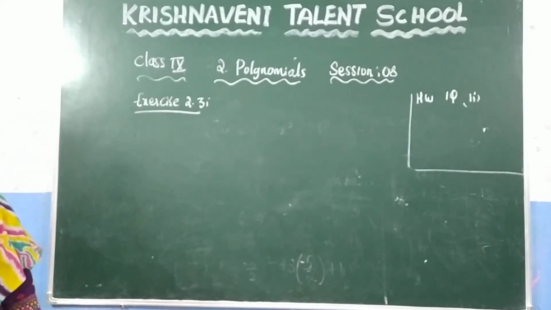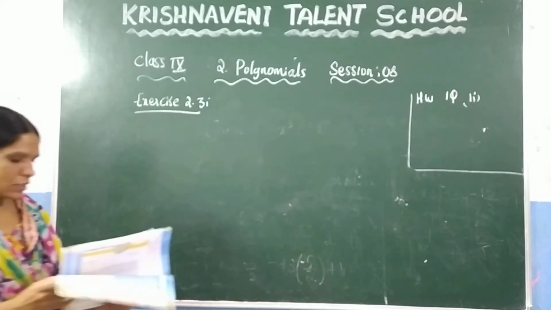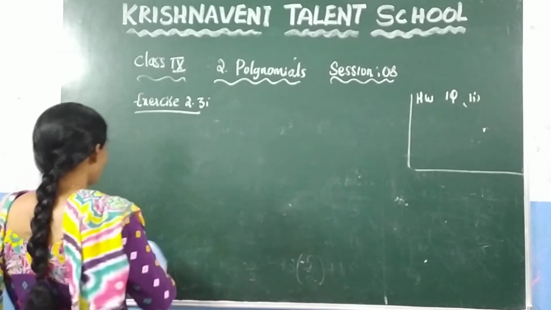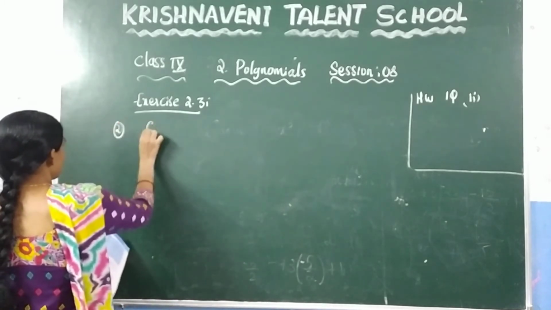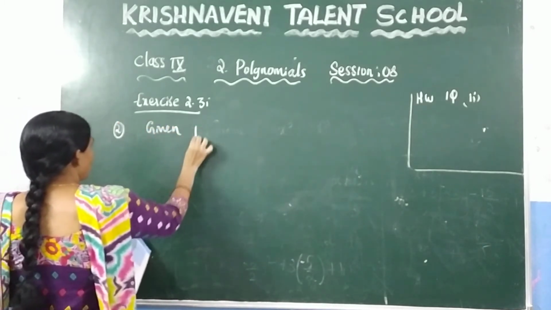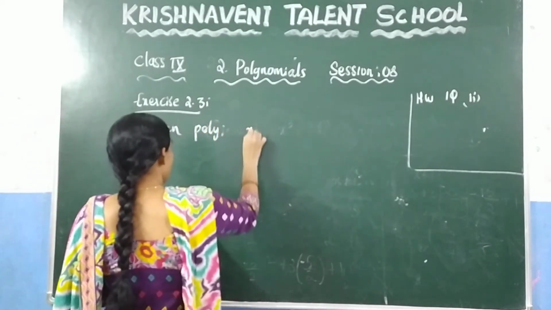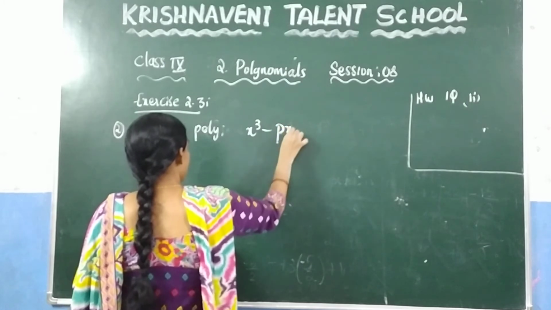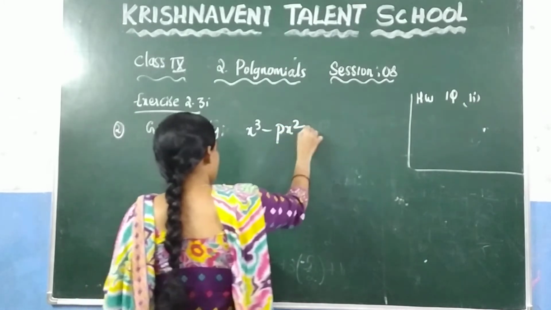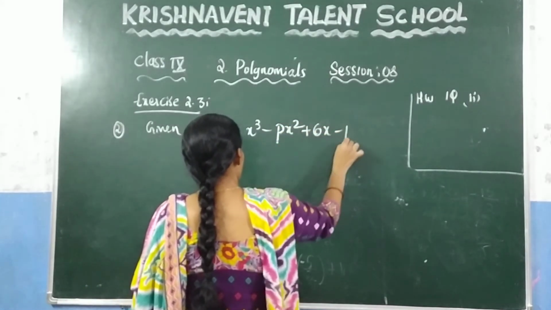Now see the second question. Here find the remainder. They have given the polynomial. What have they given? The given polynomial is x cube minus px square plus 6x minus p.